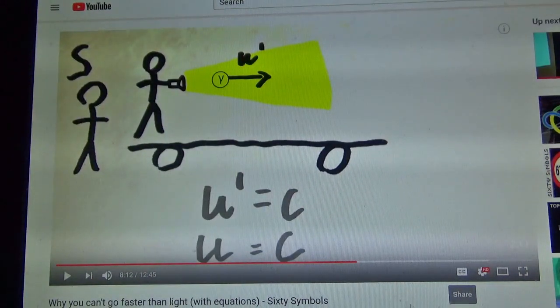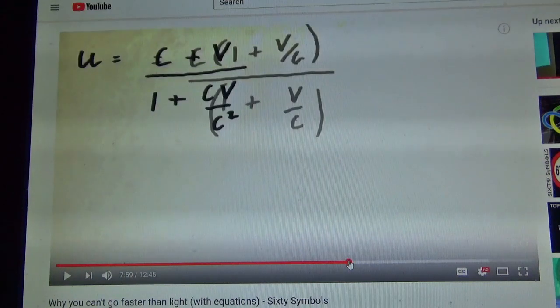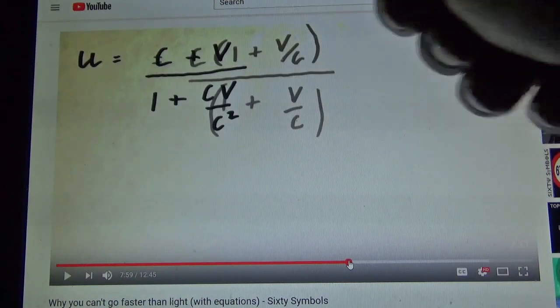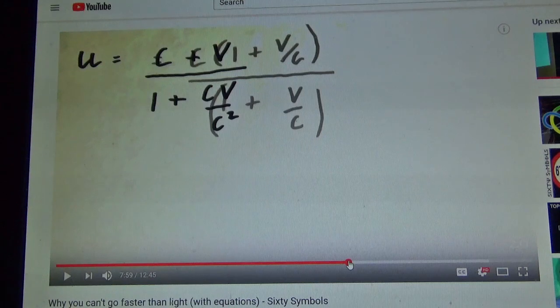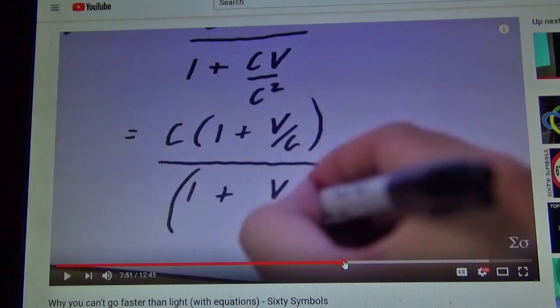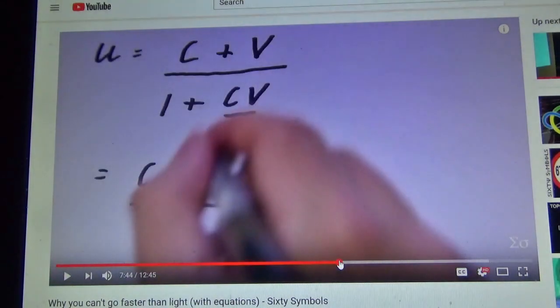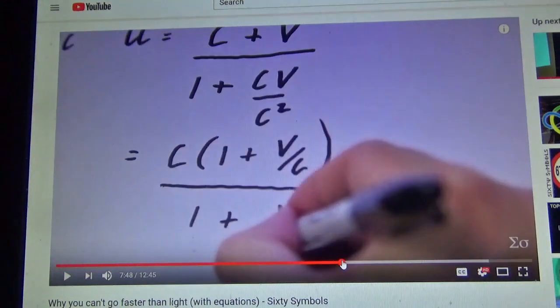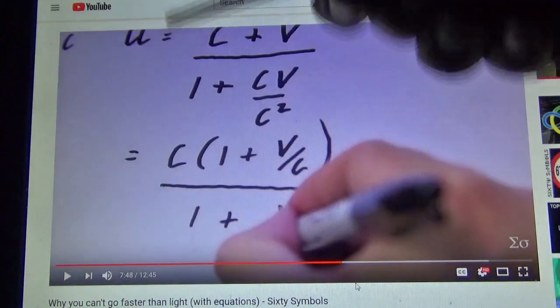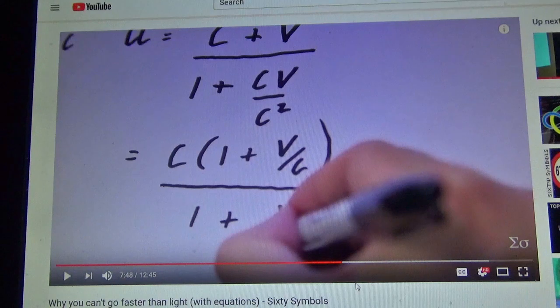What they've done is they have this mess with the relativistic velocity addition. This is what they call relativistic velocity addition. It's not made clear what they are doing with that.